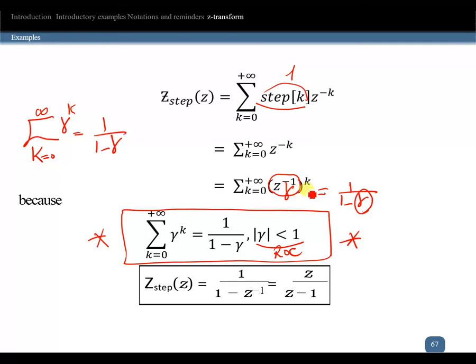Here lambda for me is z^-1. The answer for the Z transform of the step becomes 1 over (1 minus z^-1). Or if you multiply the denominator by z, it will be z over (z minus 1). This is the answer for the step.